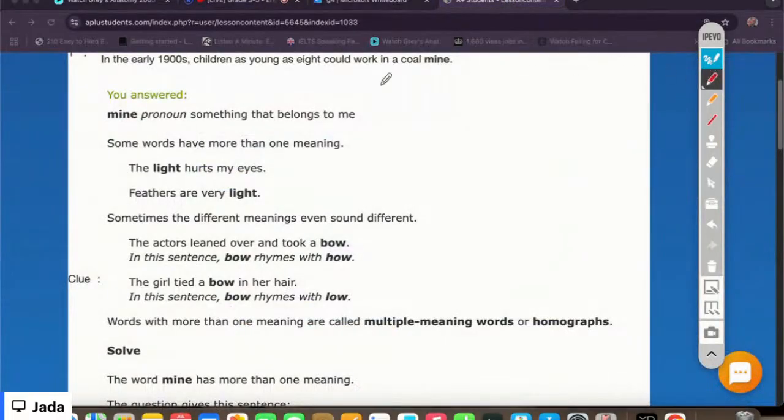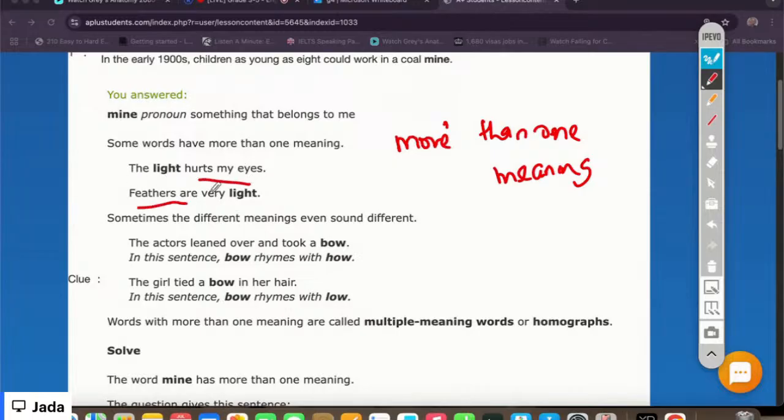Okay, so let's start. What you need to note is that some words have more than one meaning. Okay? The light hurts my eyes. Feathers are very light. So when you have words, they could have two, three meanings. They could even spell the same.